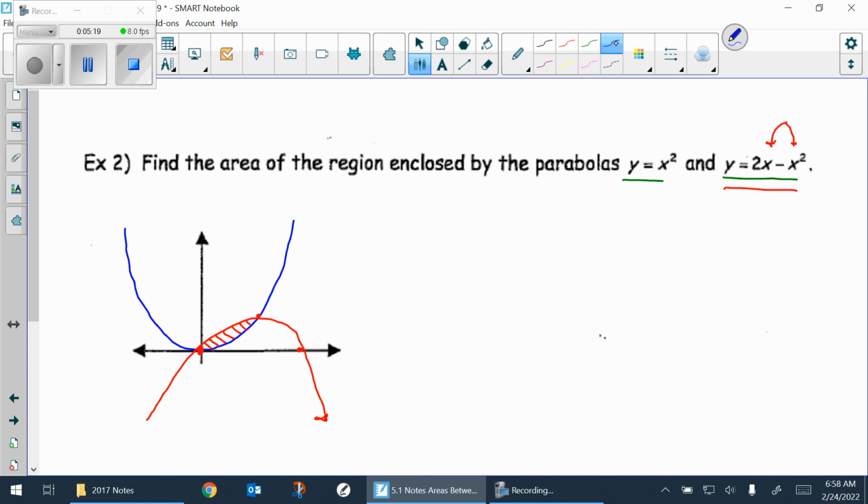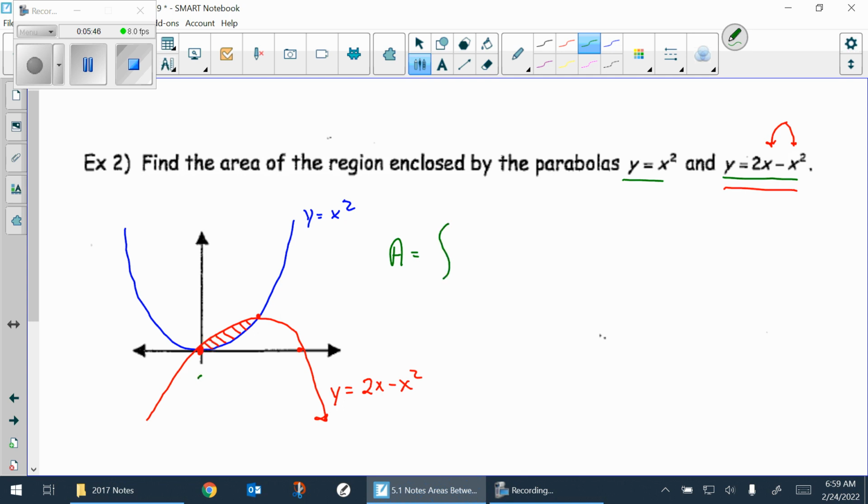Sometimes it helps too to label these guys. This is y equals x squared. This is y equals 2x minus x squared. In the region that we're talking about, it is this red function, which is the larger, because it's up above the blue function. So if I'm looking for the area, I'm going to take the integral.